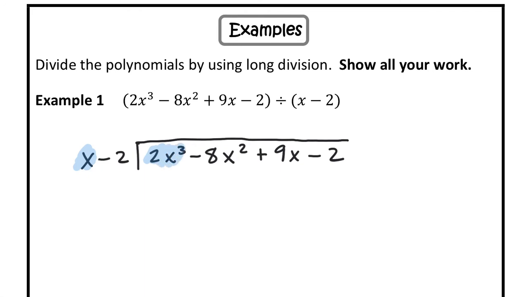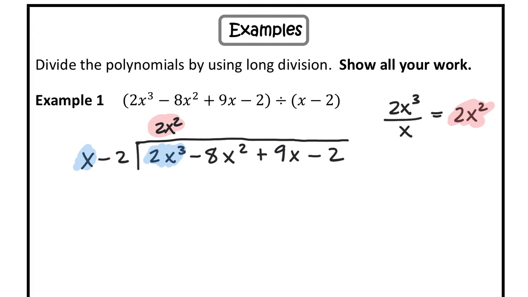So it's going to be 2x to the third divided by x. That's going to equal 2x squared. Okay. So that result's going to go here. I'm going to use a different color. So this result is going to go here. So that's going to be 2x squared.